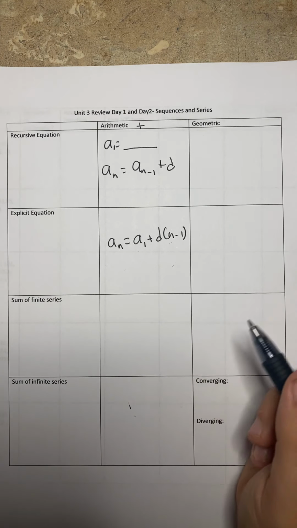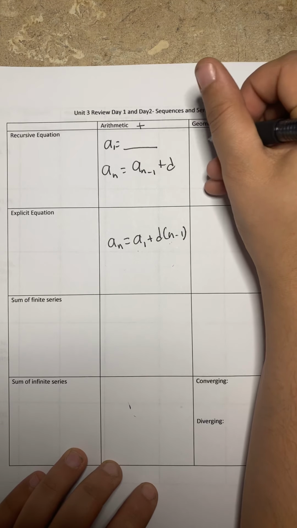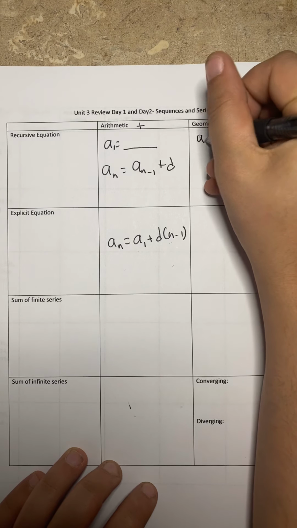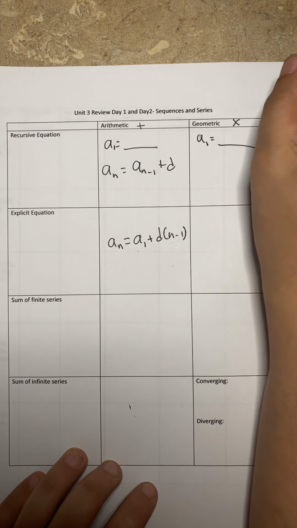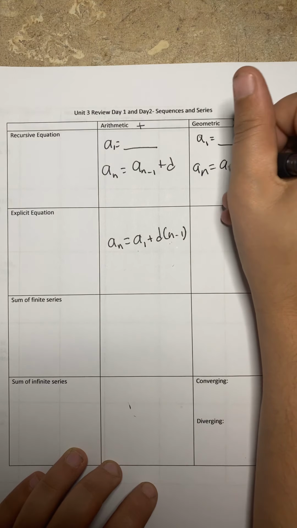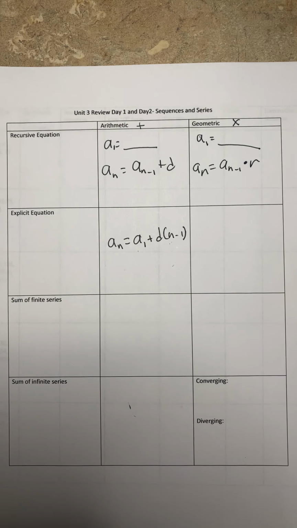Okay? And so with geometric, that's when you're multiplying by the same number every single time. So a sub 1 is equal to blank. And so a sub n is equal to a sub n minus 1 times r. And remember, r is that value that we're multiplying by every time.